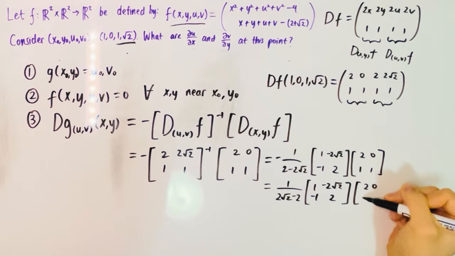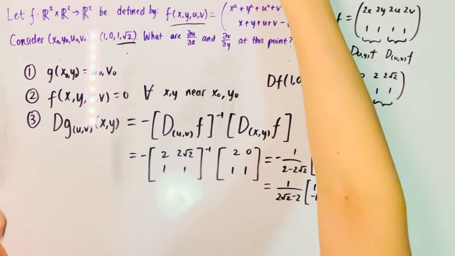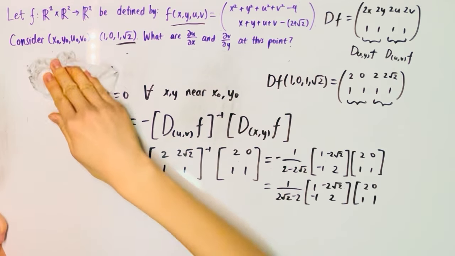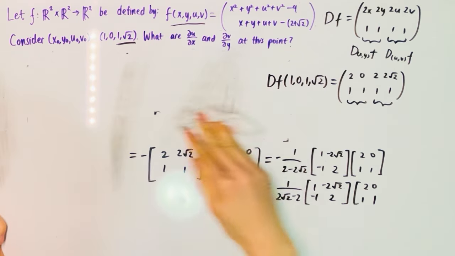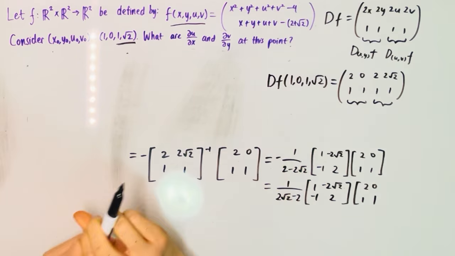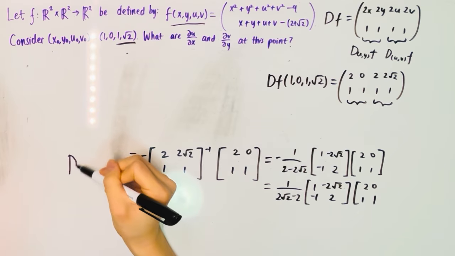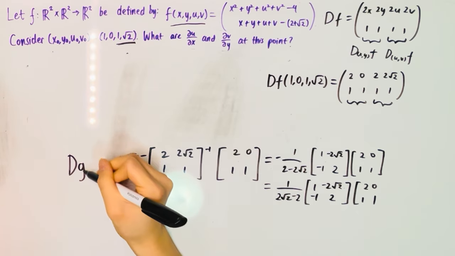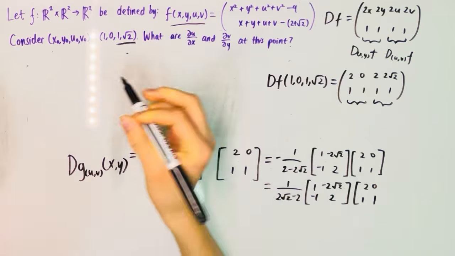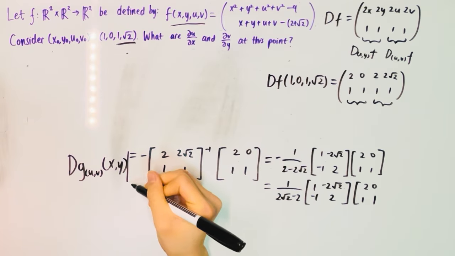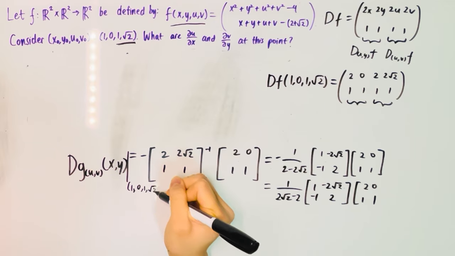Kind of running out of space here, so let me erase this. Remember, this is our dg, u and v in terms of x and y at our point 1, 0, 1, square root 2.